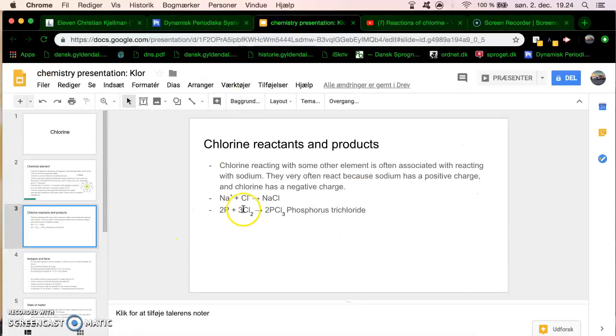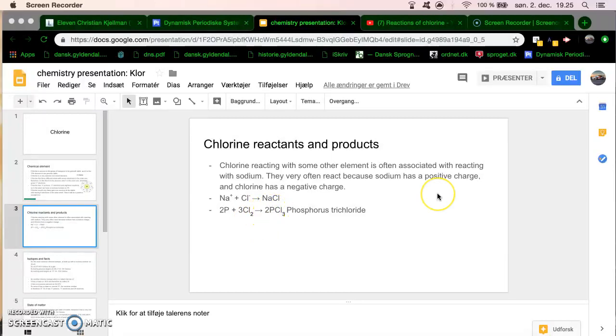And when we, for example, have another reactant and product, it could be 2 phosphor and 3 chlorine. They would react together with having 2 phosphor and 6 chlorine, because you have 2 trichlorine molecules.